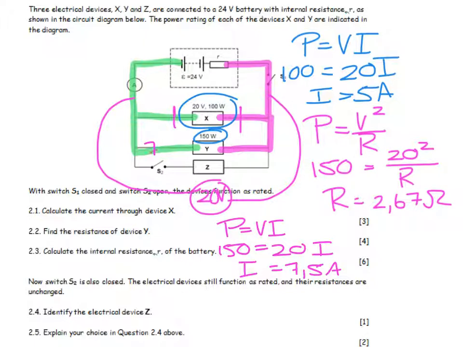If I've got 7,5 on this branch and 5 on this branch, the ammeter up here is reading 12,5 amps. I also know that between pink and green I've got 20 volts, so my lost volts is 4 volts.